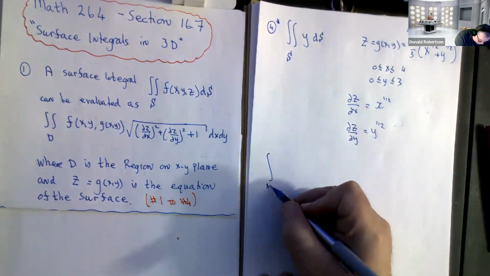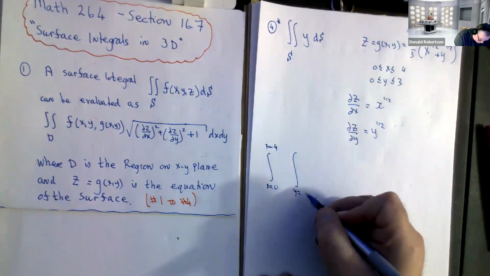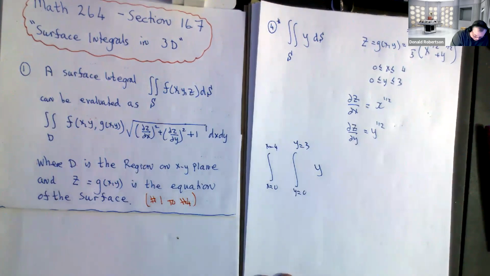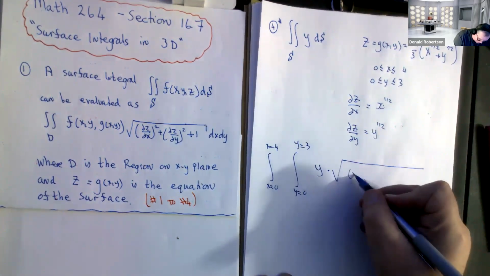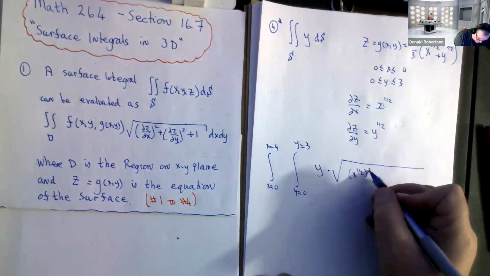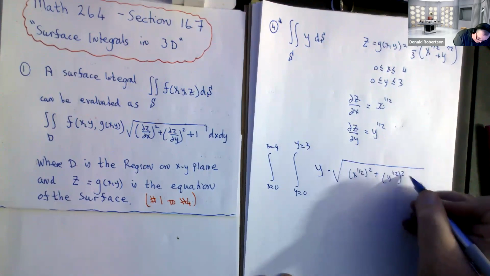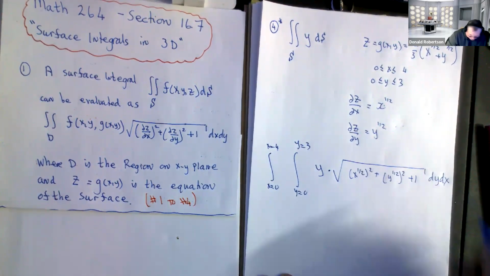The x's go from 0 to 4. The y's go from 0 to 3. The function is y, so I don't need to change anything there. Square root of this squared plus this squared plus 1 dy dx.